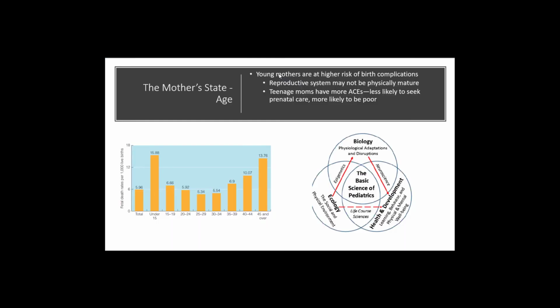Young mothers are at risk for pregnancy complications, and there are two arguments for why that may occur. The first is the reproductive system may not be physically mature, so a mother is not biologically capable of giving birth at that moment of their life. Another is the ACEs argument. Are teenage moms typically more stressed or less stressed, or have more negative and harmful things going on in their life than a non-teen mom?